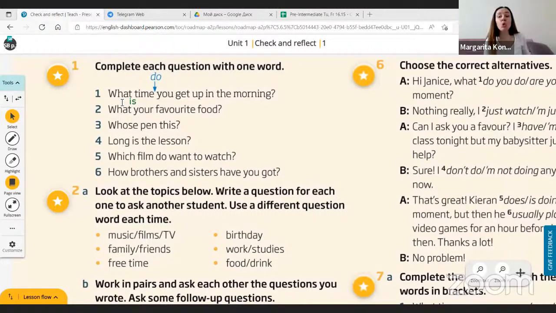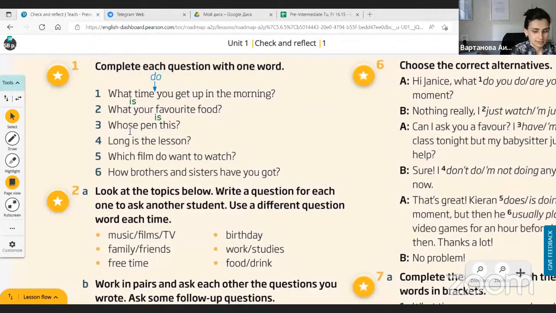Whose... Whose is pen this? Чья это ручка? Yeah, exactly. Whose pen is this? Right, exactly, because this is the question phrase.